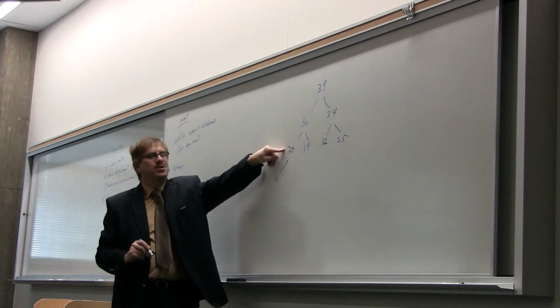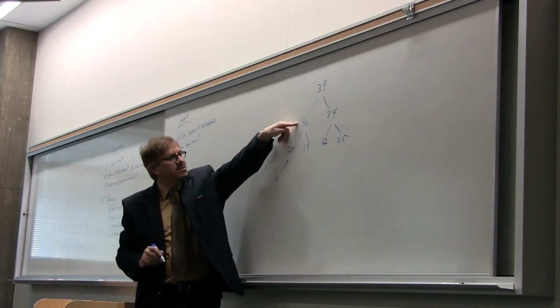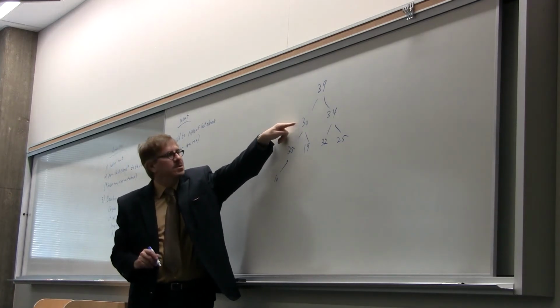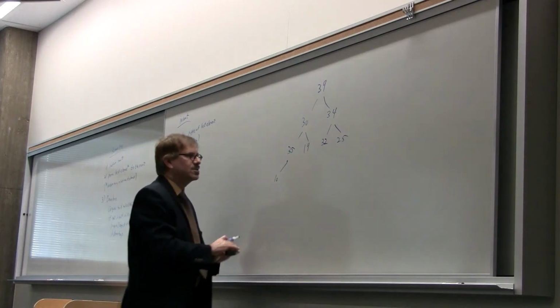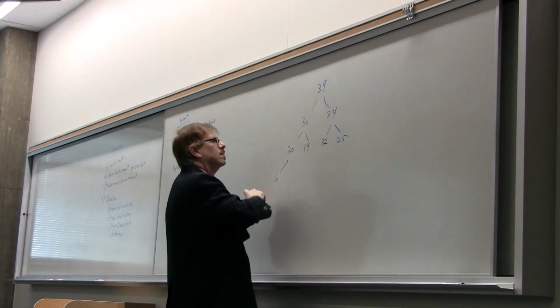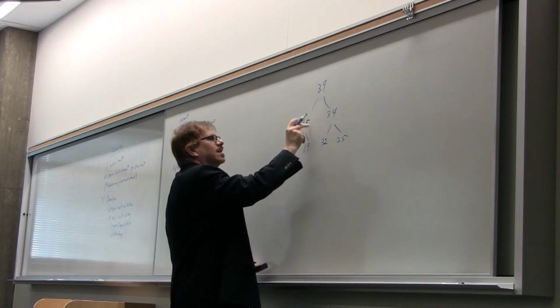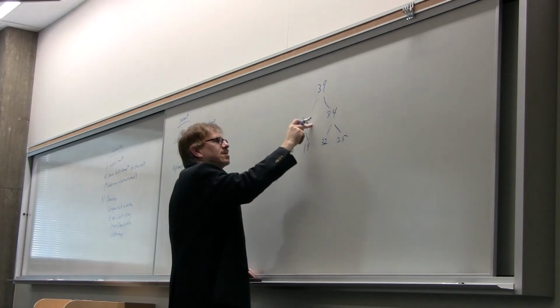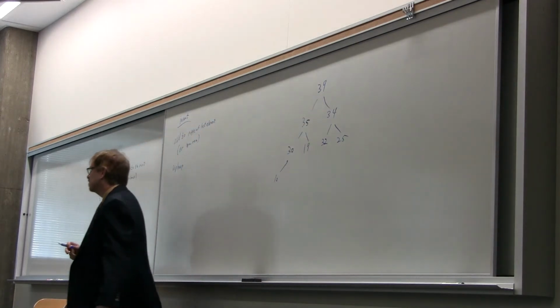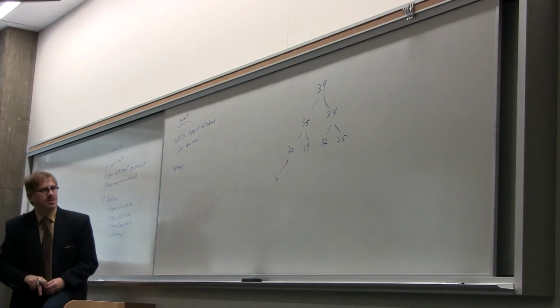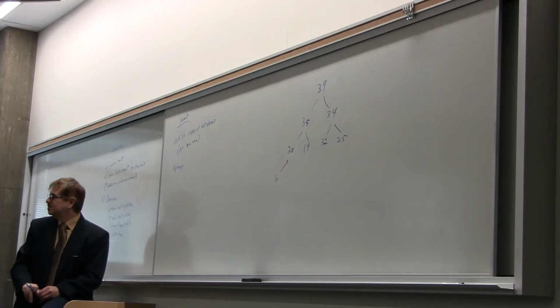Now look at this node's parent. 30 does not satisfy the heap property, so swap with the larger of the children, which is 35. And now look at its parent. 39 does satisfy the heap property, we're done. Don't have to upheap any further, and we're left with a heap. So inserting is also bounded by log n.